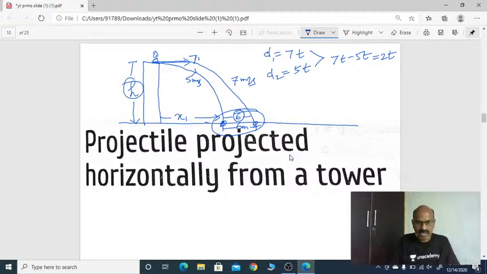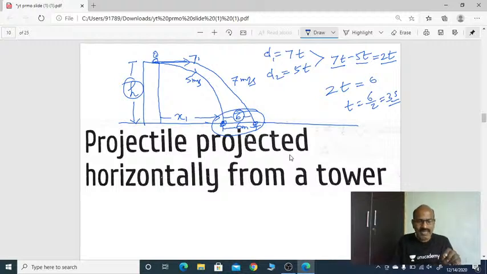So the difference between the first body and the second body after reaching the ground is 7t minus 5t, 2t. According to the problem, the distance between the two bodies is 6 meter. So 2t equals 6, then t equals 6 by 2, 3 second. You got it, 3 second.